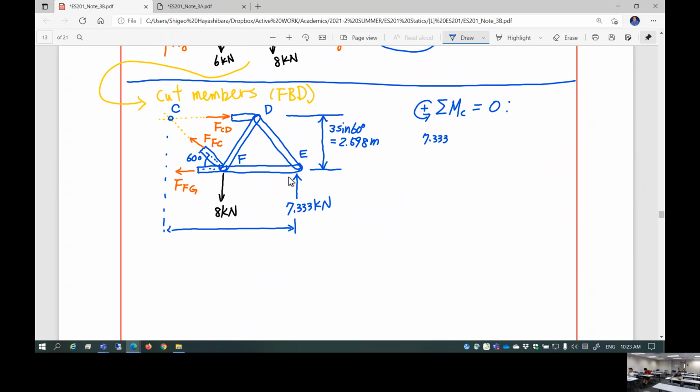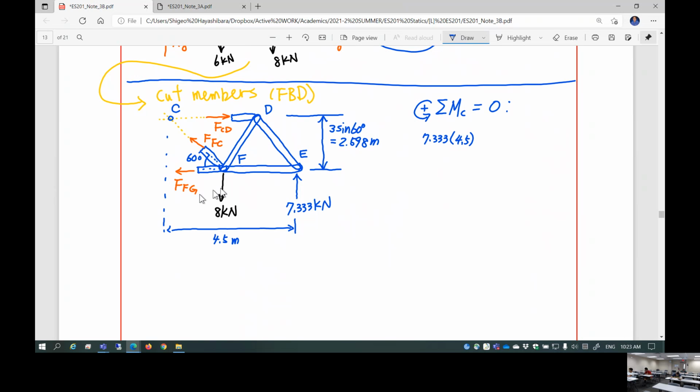From here to here. 4.5. 4.5 is 3 meter and half of the 3 meter. 4.5 meter. That's right. So let's just multiply by 4.5.